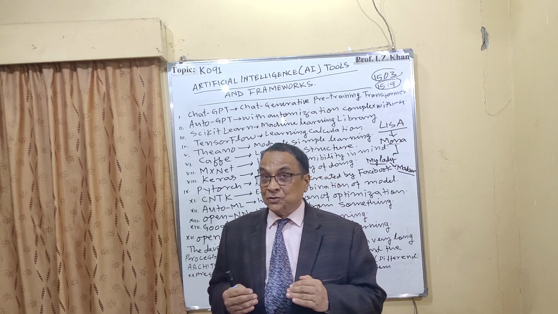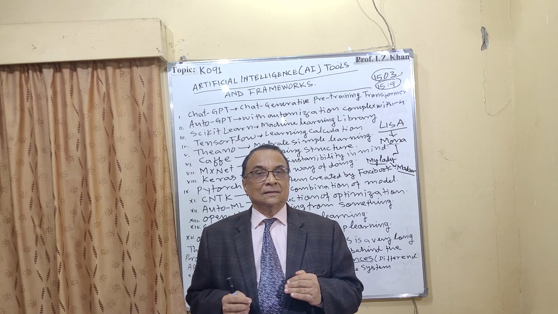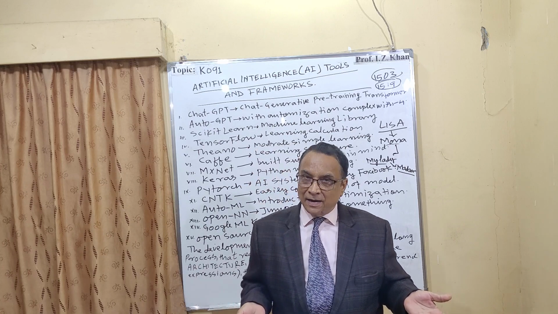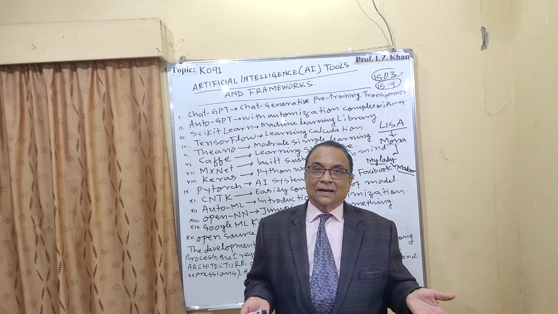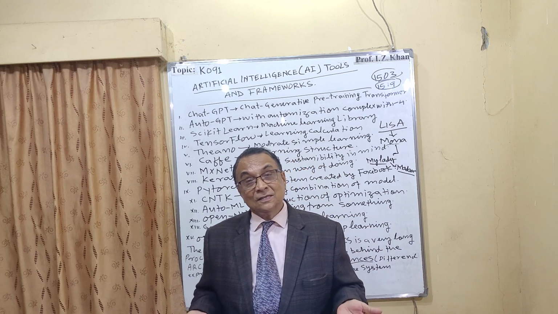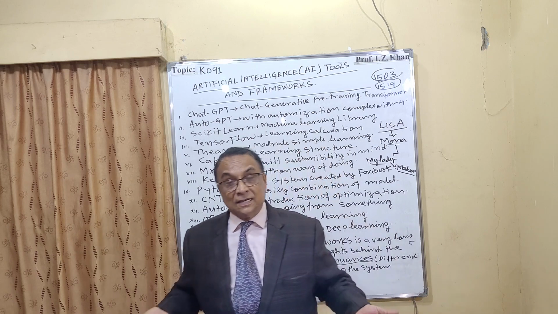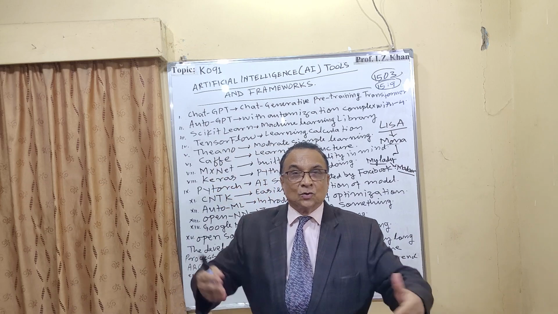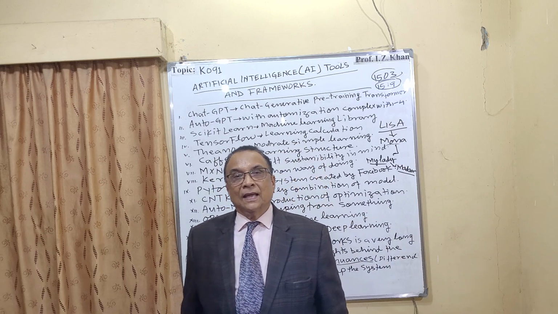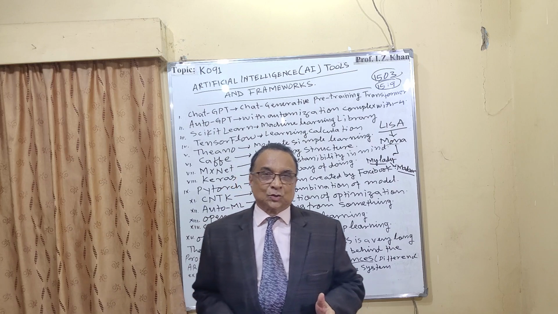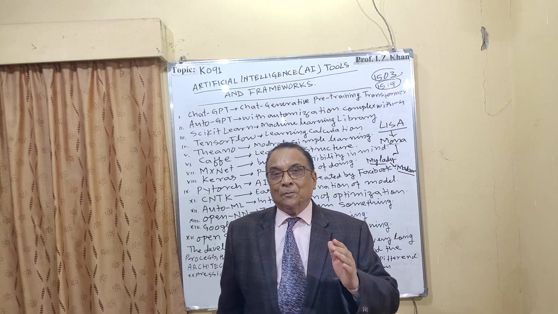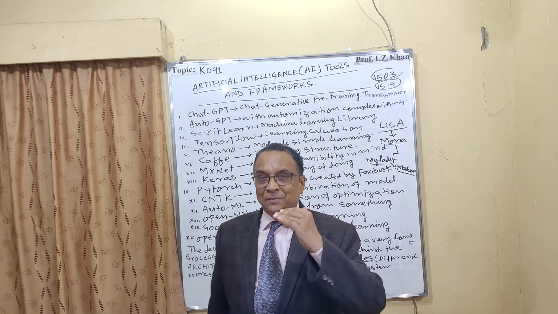The only difference now is that people have started talking about whether there will be any difference between human intelligence and artificial intelligence, that is called general intelligence, or whether it is going to supersede? It will supersede in so many ways, but we still have some limitations.